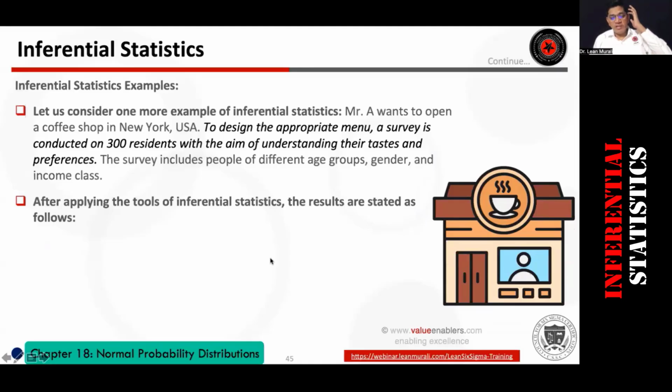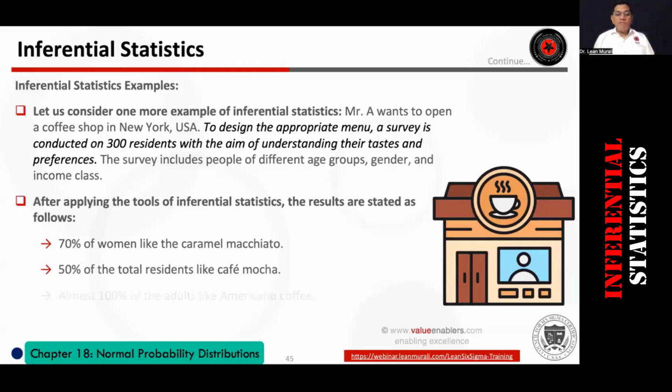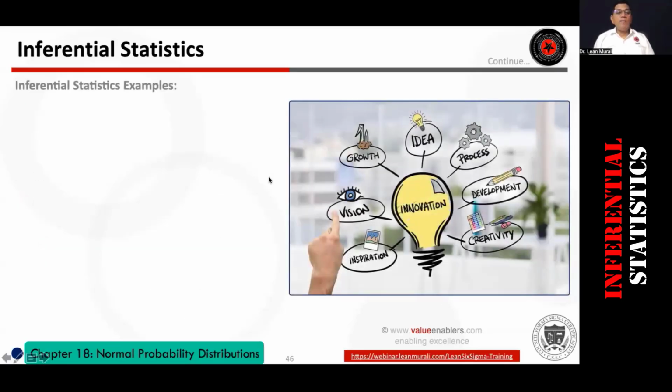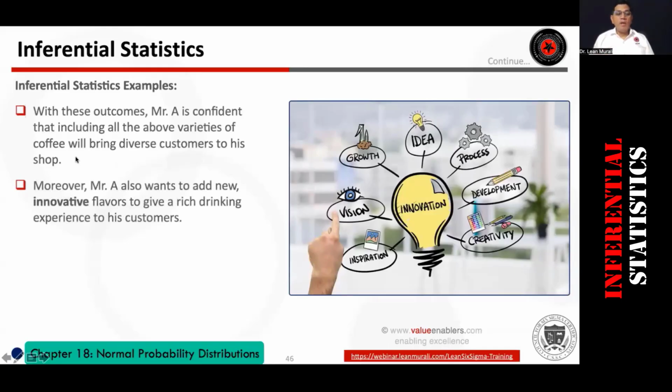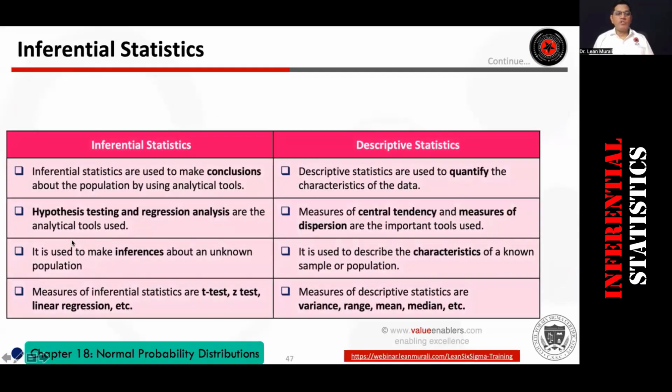After using inferential statistics, the result is 70% of the women like caramel, 50% like cafe mocha, 100% like American coffee, 25% like coffee latte. If he infers the data like this, it's very important for him to conclude that he is confident of including some varieties of coffee in his coffee shop, and he can also introduce new flavors and give a rich drinking experience to his clients. So these are some uses of inferential statistics.